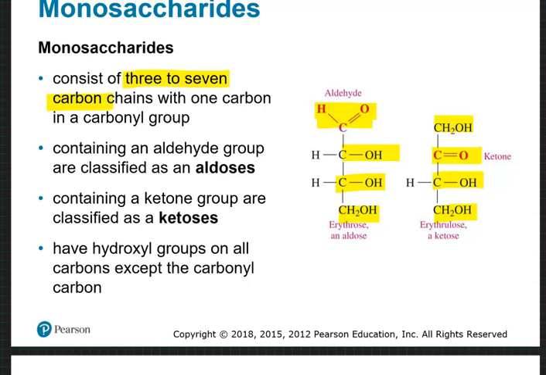If a monosaccharide contains an aldehyde, we will call it an aldose.